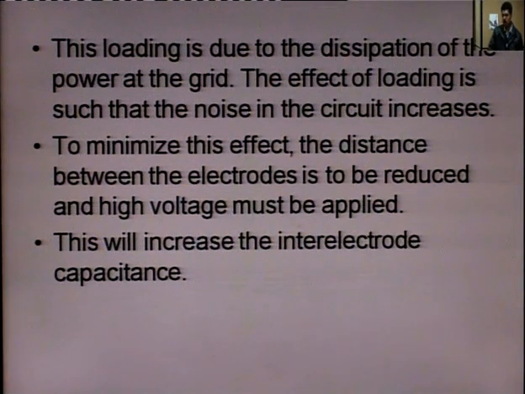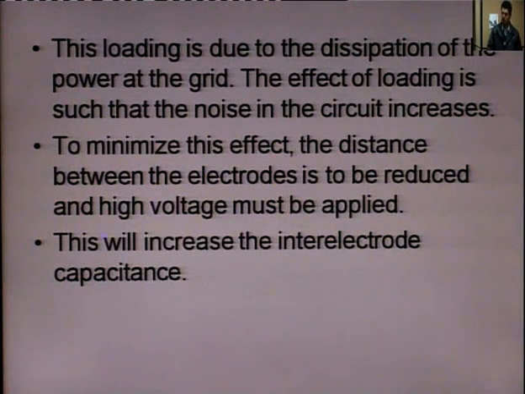So this method is not applicable. Another way is to reduce the electrode area, that means scaling of the vacuum tube. But still with this method we can't use vacuum tubes for microwave frequency.